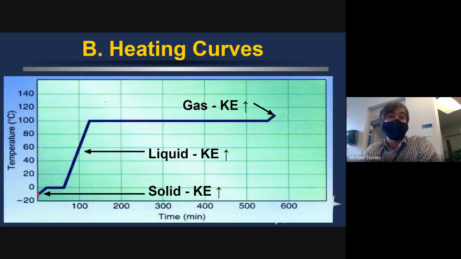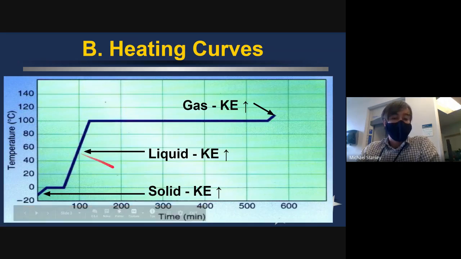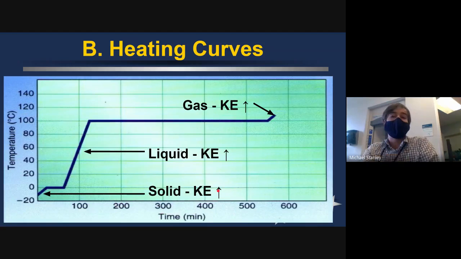It is possible for ice to start getting warmer without yet melting if we're staying underneath that melting point. So down here, the first part of the heating curve, we have the ice warming up. The KE here, remember, has to do with the kinetic energy. As the temperature gets warmer, the ice particles start to move faster and faster.